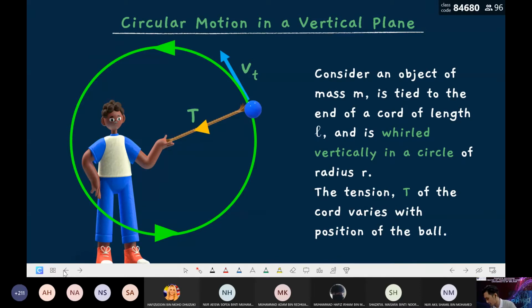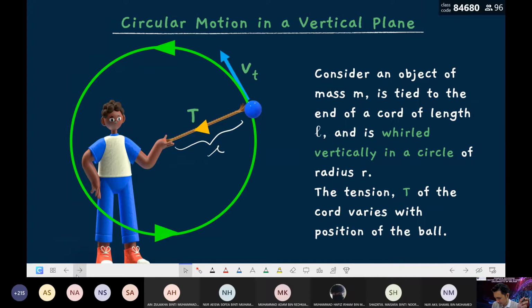So consider an object of mass m is tied to the end of a cord of length L. So we know that we have length here lah. We have length and then it tied up with a ball. And then the tension T of the cord varies with the position of the ball. So that's why saya kata tadi, setiap position the value of the tension will not be the same.